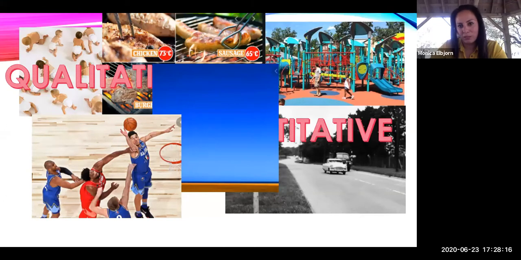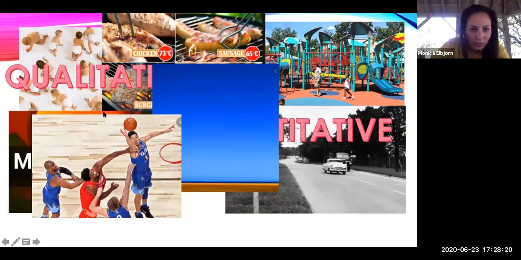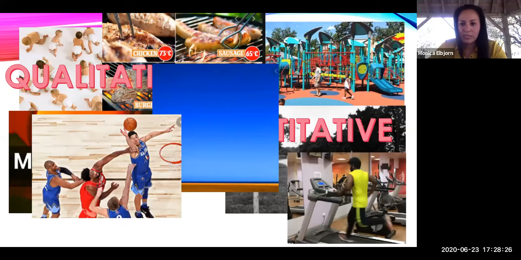That would be quantitative because you're measuring the temperature. You can see this picture, it's silver melting. It's another temperature, so it's quantitative. If this elliptical tells you how fast you are running, that's quantitative.